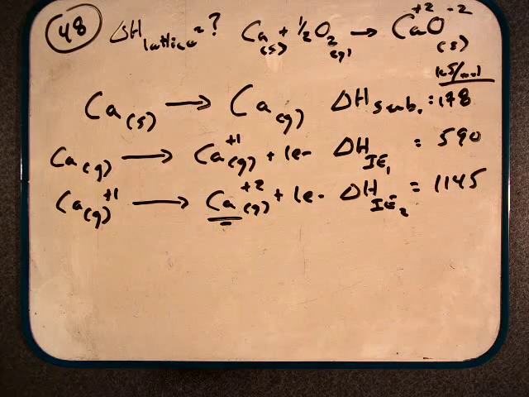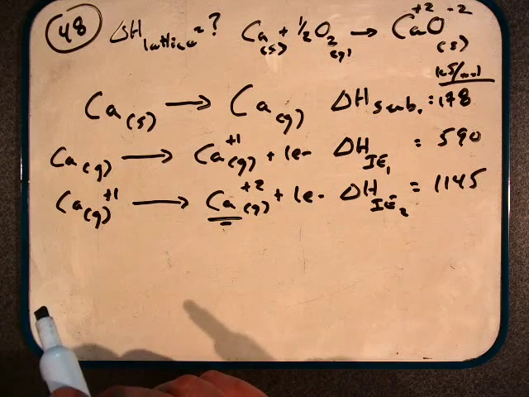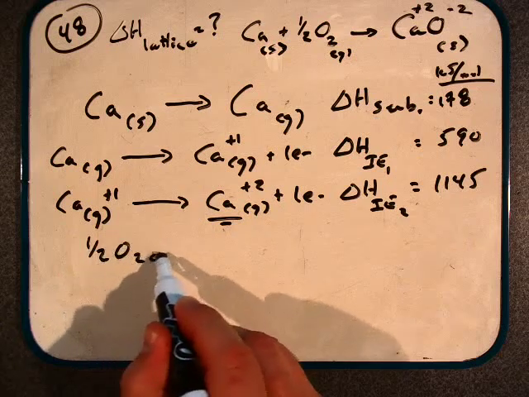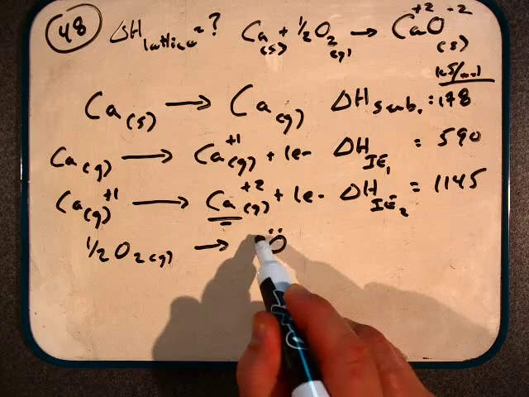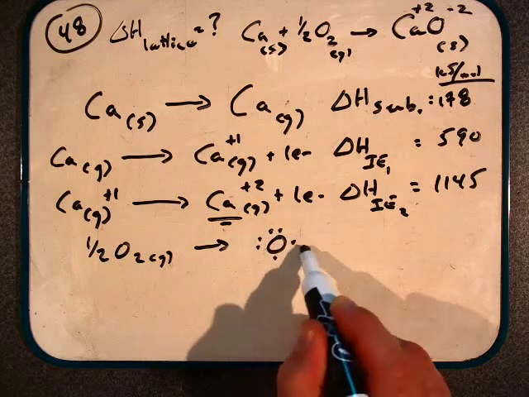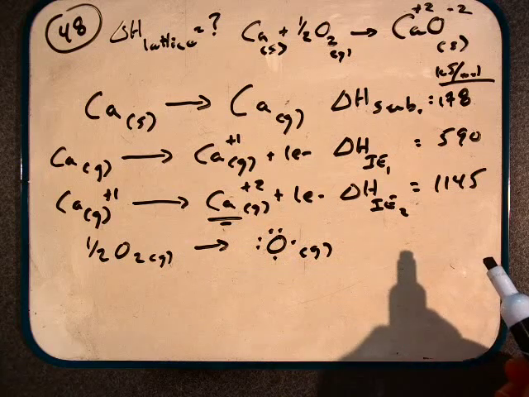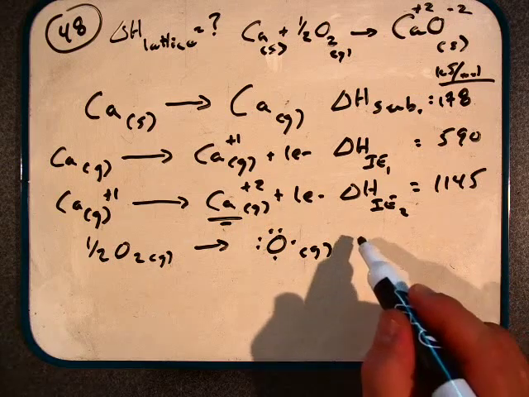Now we have to work on oxygen. And so the first step is, is oxygen monoatomic? And it is not. And so we have to take our oxygen gas and cleave the oxygen-oxygen double bond. And so in that case, I'm showing oxygen now monoatomic with its valence electrons.